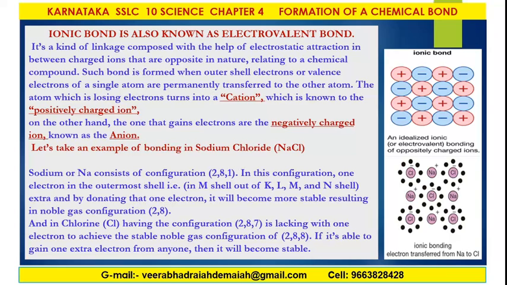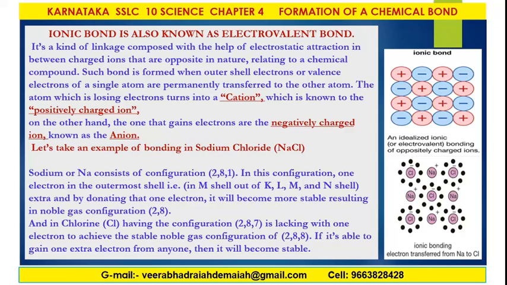Let us take the example of bonding of sodium chloride. Sodium, Na, has the configuration 2,8,1. In this configuration, there is one electron in the outermost shell, that is the M shell, out of the K, L, M and N shells, and by donating or transferring that one electron, it will become more stable, resulting in noble gas configuration, which is also called the s2p6 configuration, or octet configuration.